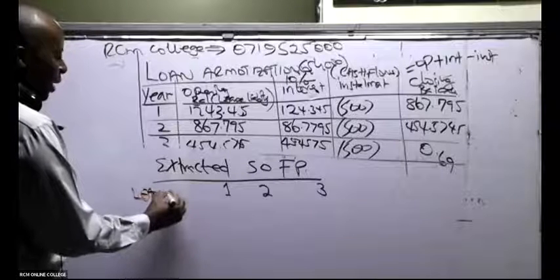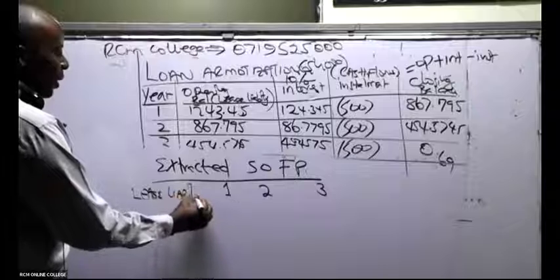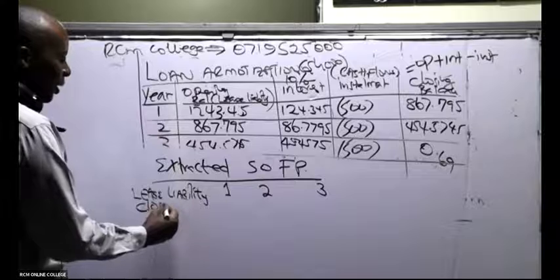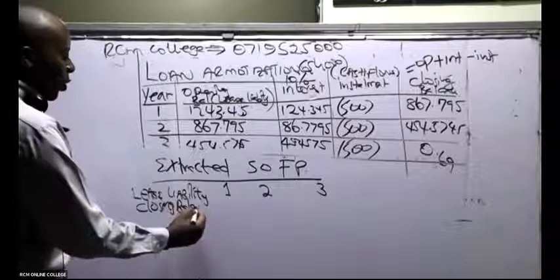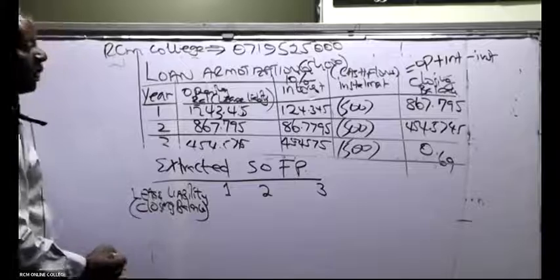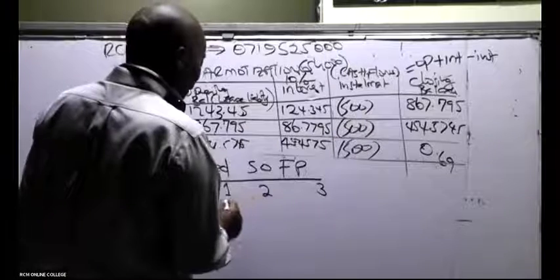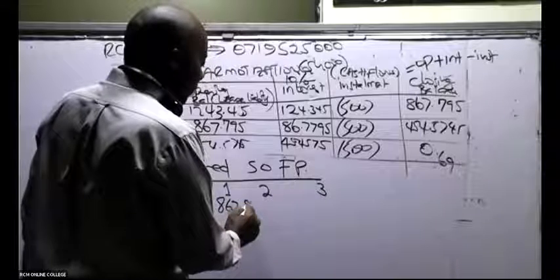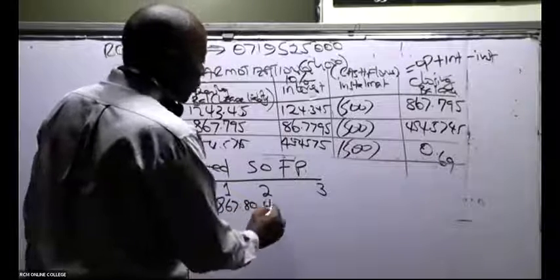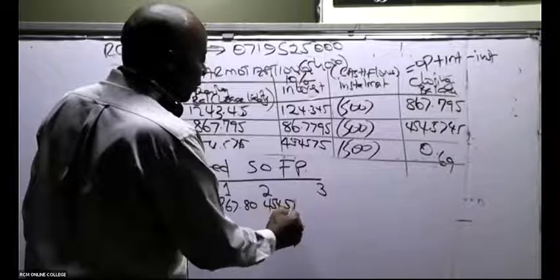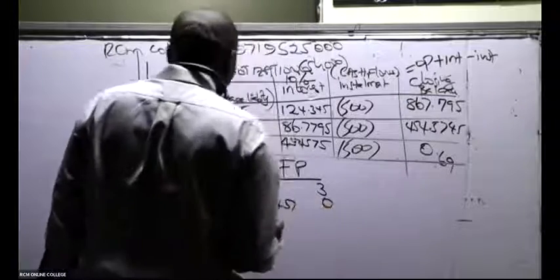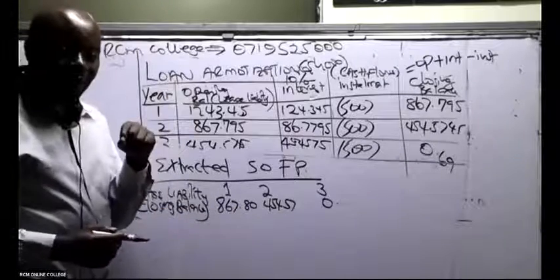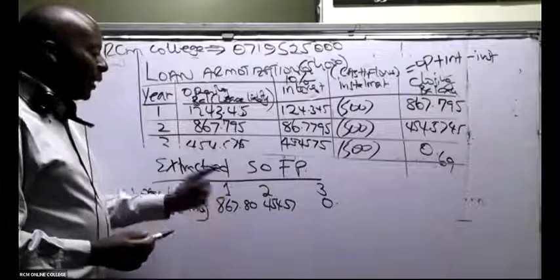For the lease liability, you simply take the closing balances. I rounded them off to 2 decimal places: 867.80, 454.57, and 0. But remember, some of this lease liability will be paid in the future, so we must come and break this down.